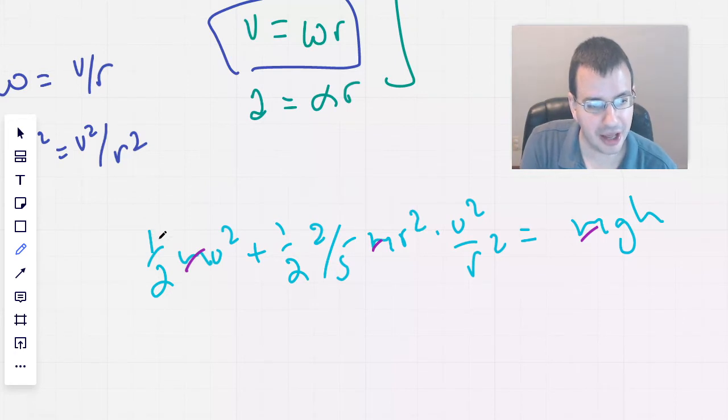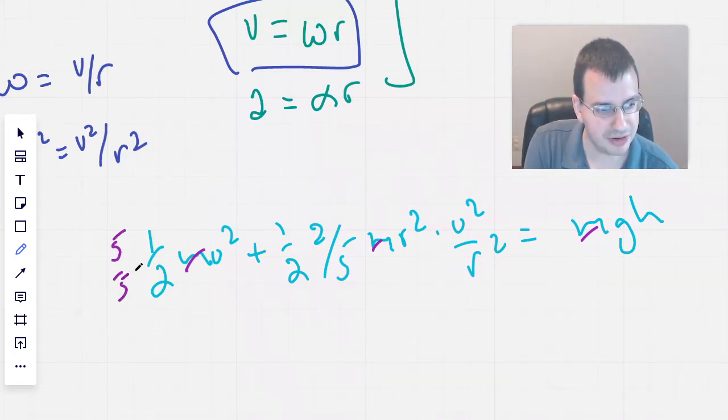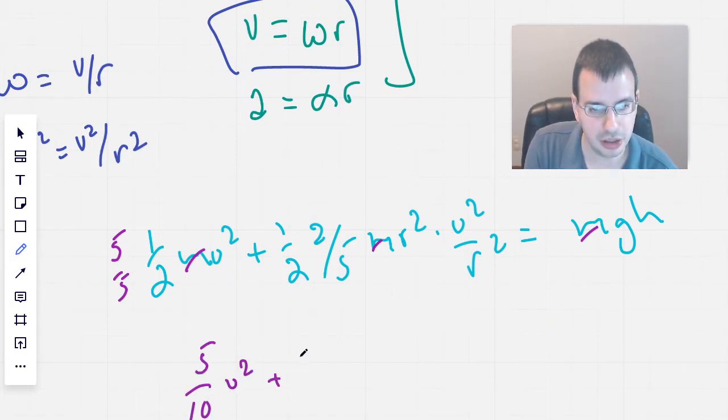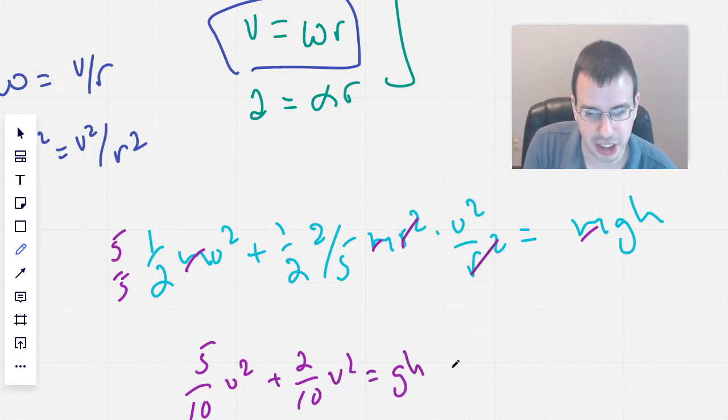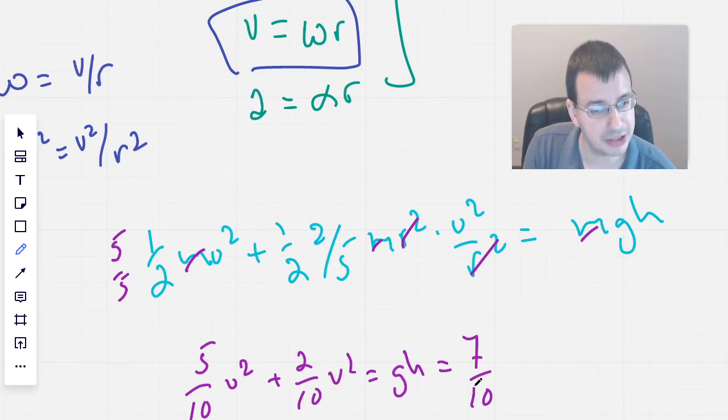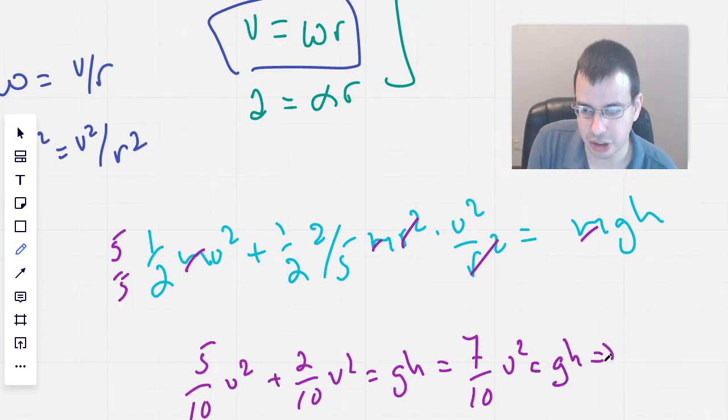So then we have, let's see here. I'm going to multiply this by 5 over 5. And so we have 5/10 v squared plus 2/10 r v squared equals gh equals, combining these, we have 7/10. Yes, we do. 7/10 v squared equals gh.